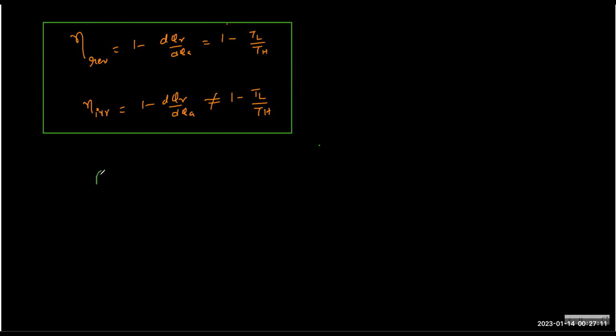And what we know is that for any irreversible process, the dS is always positive, right? If a process is natural, it is always irreversible. So the entropy will always increase, right?